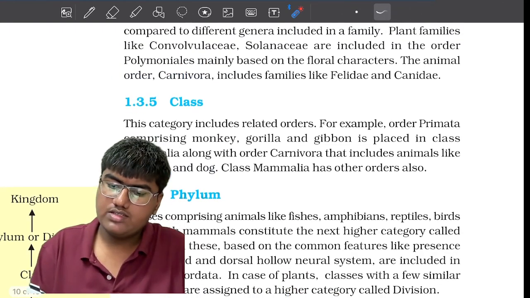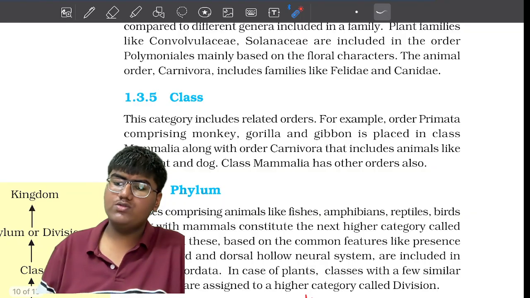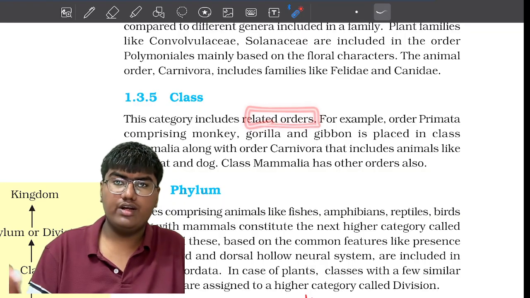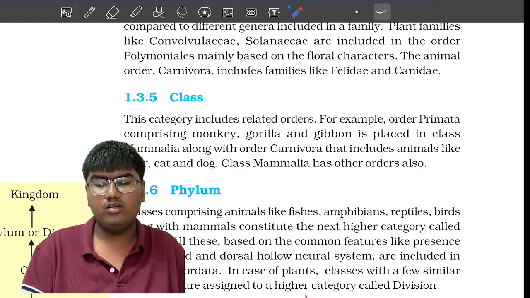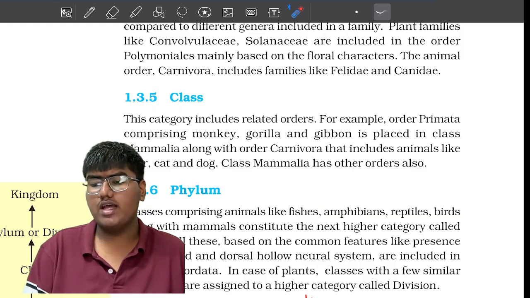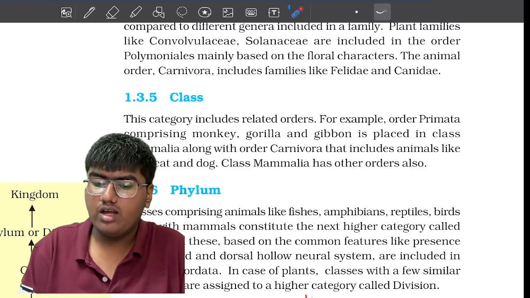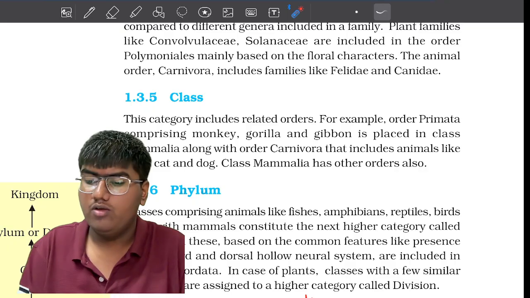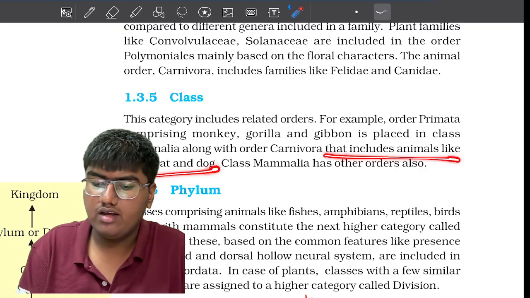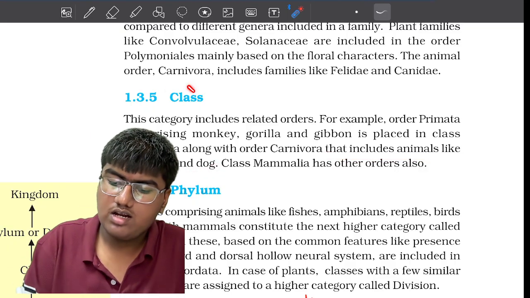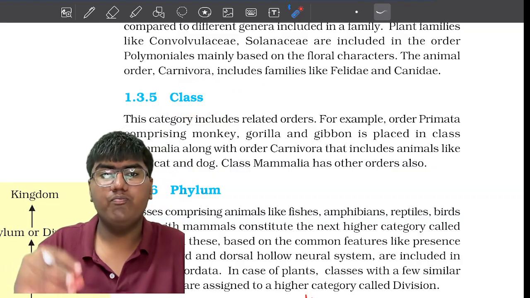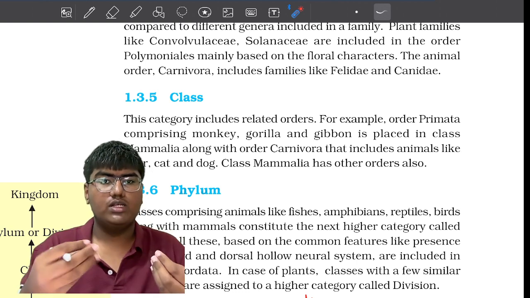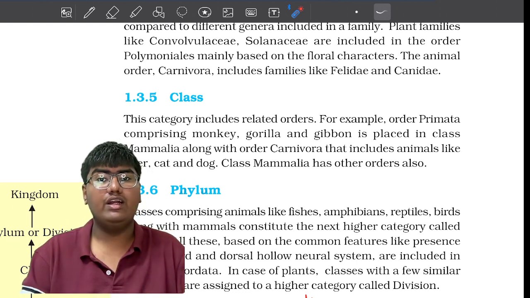Okay. Next, class. This category includes related orders. So what does class include? It includes related orders. For example, Primata, which comprises monkeys, gorillas, and gibbons, is placed in class Mammalia along with order Carnivora, which includes animals like tiger and dogs. So class is a group of related orders.